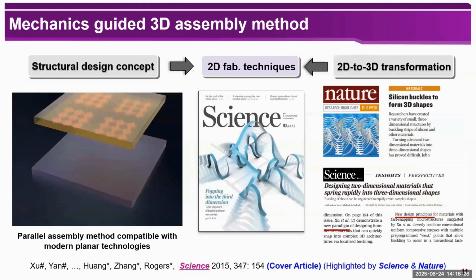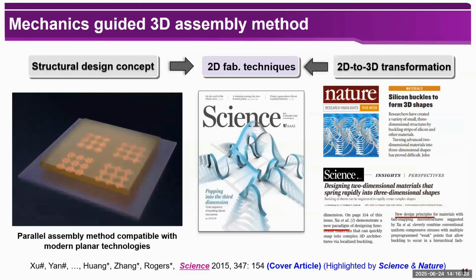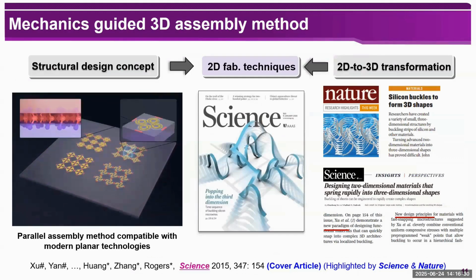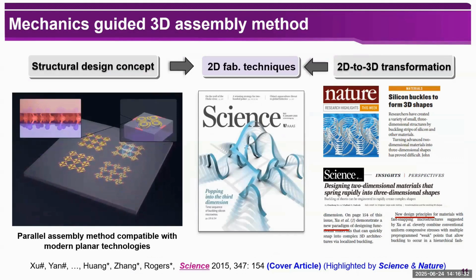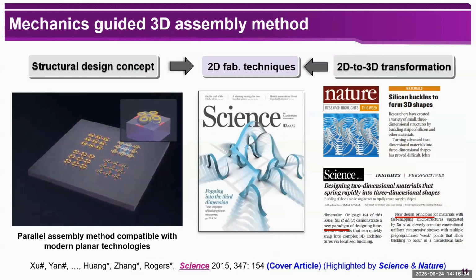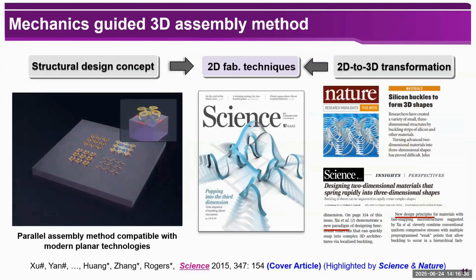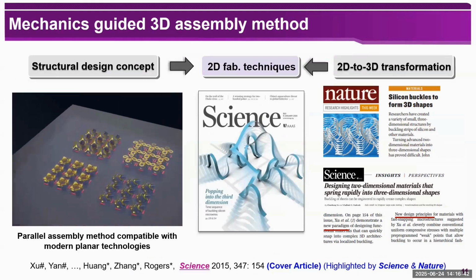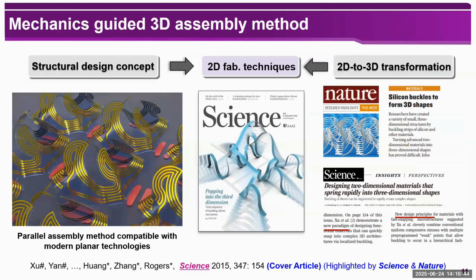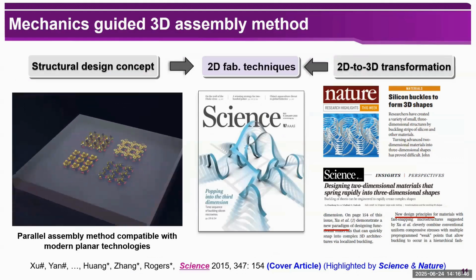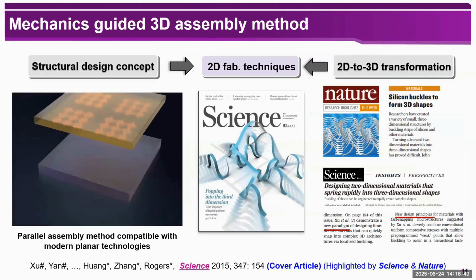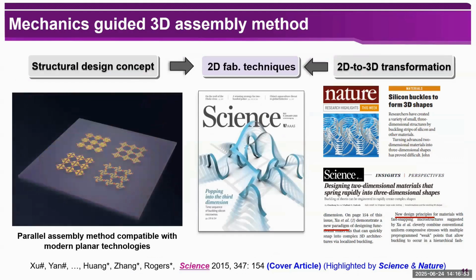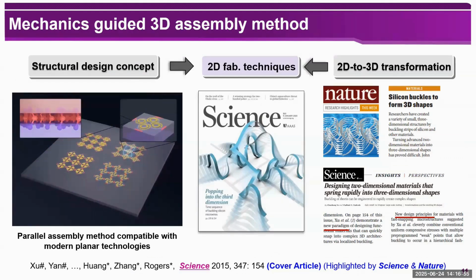So to allow its fabrication, we exploited the mechanics-guided 3D assembly approach, which was initially developed by my group and groups of Professor John Rogers and Professor Yonggang Huang. The key concept of this 3D assembly approach is to go one step further beyond the traditional 2D fabrication, and we introduce controlled compressive buckling to drive the transformation of easily patterned 2D structures into well-controlled 3D architectures.